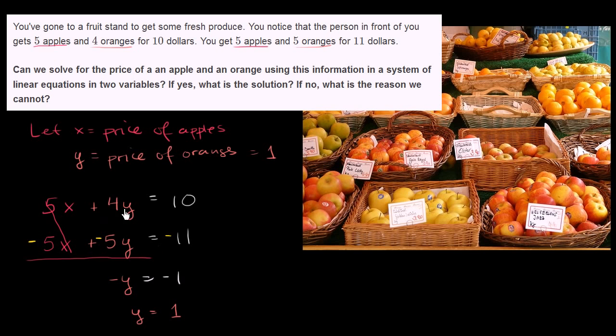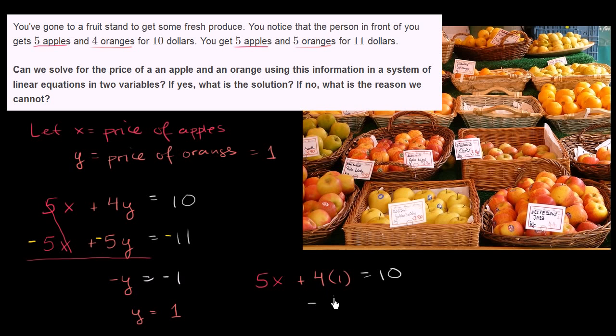So we can go back into either one of these equations. I'll go back into this first one. So let's go to the person in line in front of us. They bought 5 apples at X dollars per apple, plus 4 oranges at $1 per orange, and they spent a total of $10. So this, of course, is just 4.